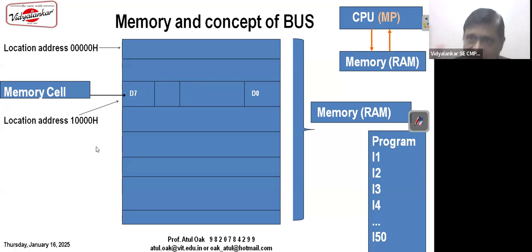There are multiple lines. My word is group of lines, group of conducting paths, group of wires. So there are many. So my processor reaches this particular address.